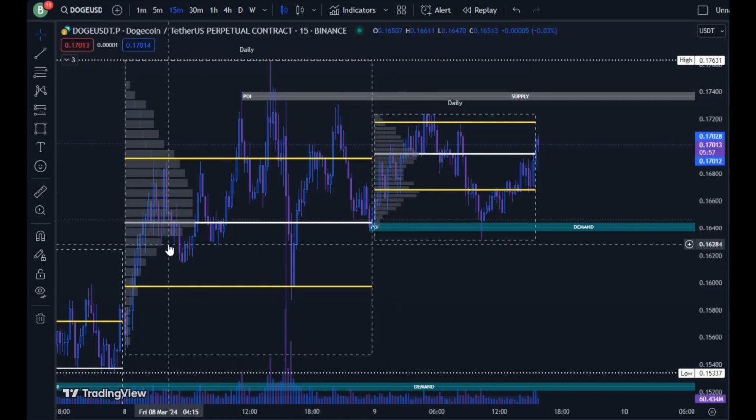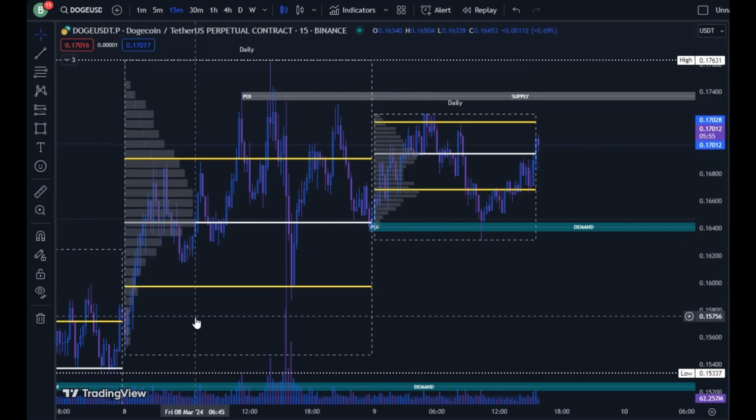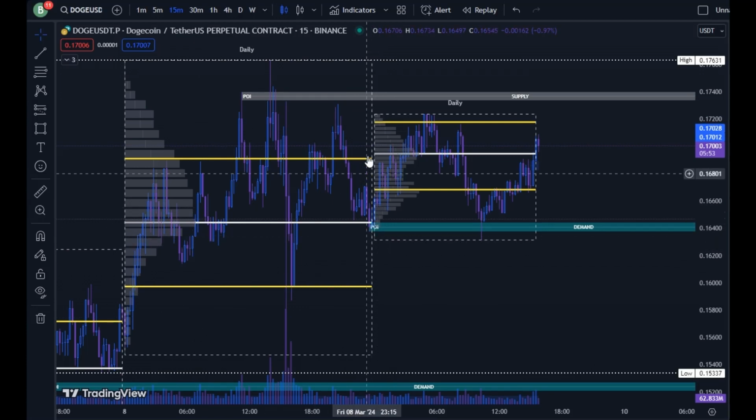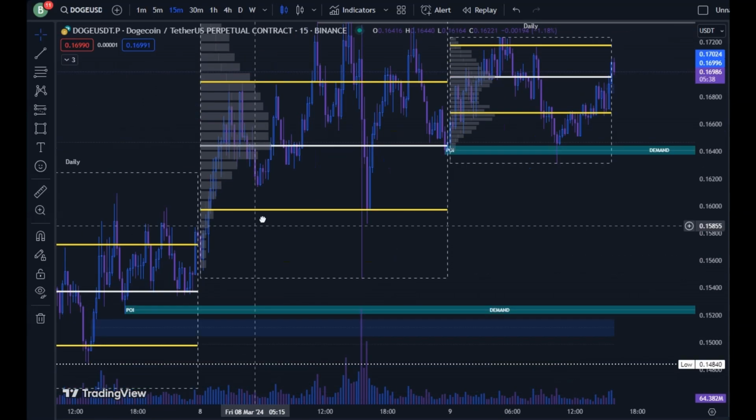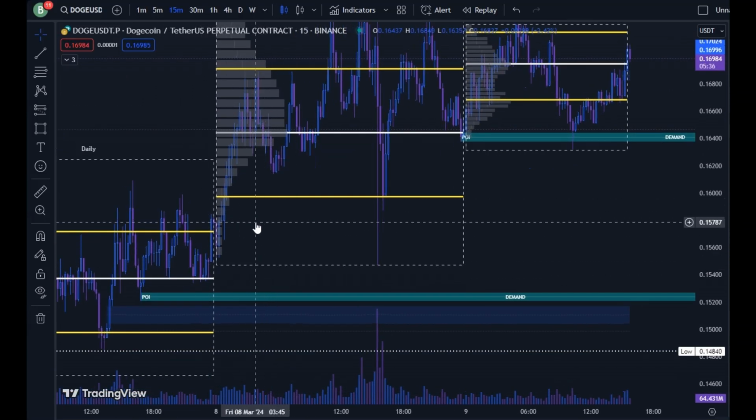See how we've got a split in each session there. This is the new volume profile, which is today, Saturday. Yesterday's volume profile, which is Friday, is here. Like I say, it's a session volume profile.